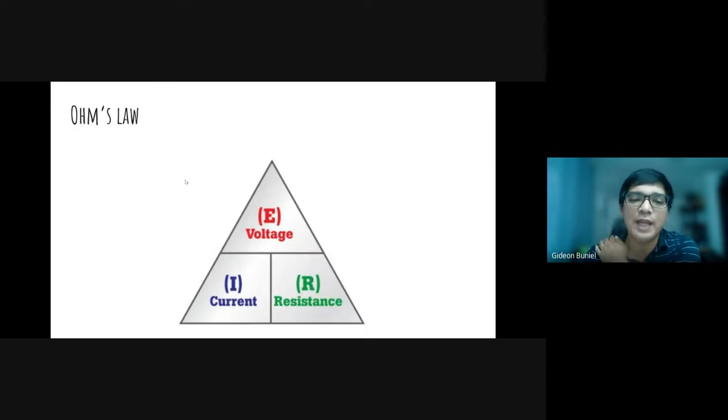The formula we have is E equals, let's just say V equals IR. Since V is equal to IR, V is directly proportional to the current times resistance.